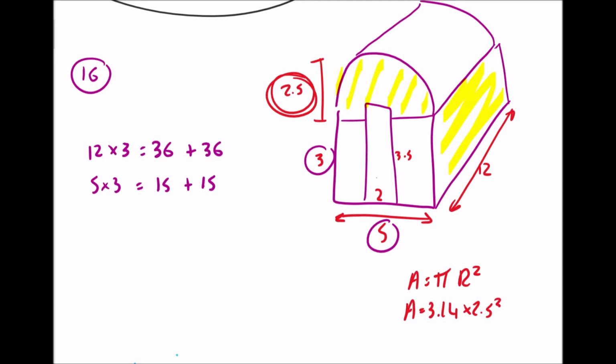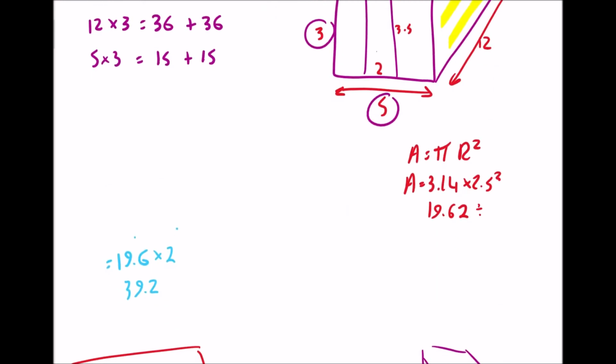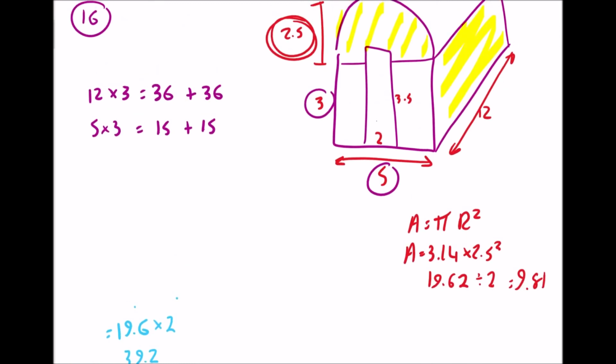So 2.5 multiplied by 2.5 multiplied by 3.14 is 19.62. Okay, but we have to divide that by 2. So 19.62 divided by 2 equals 9.81. So we go over here and we'll add the 9.81, and there's two of them, so put in another 9.81.